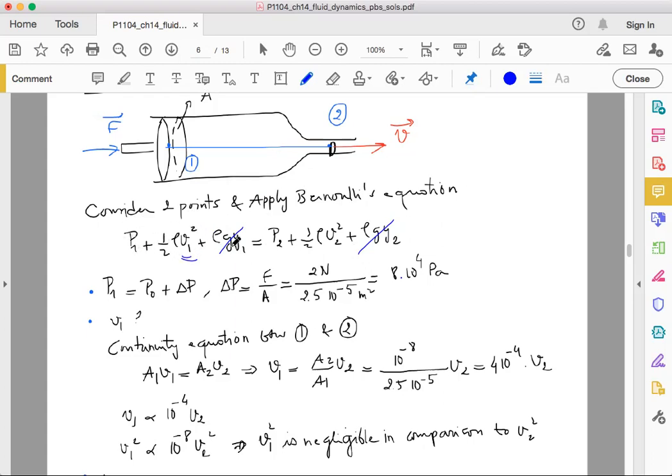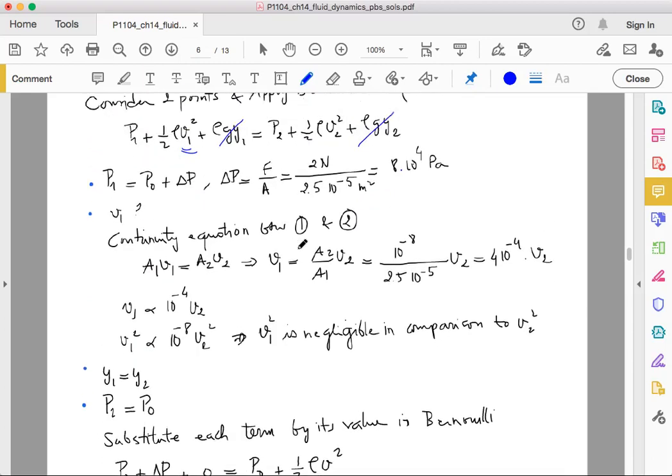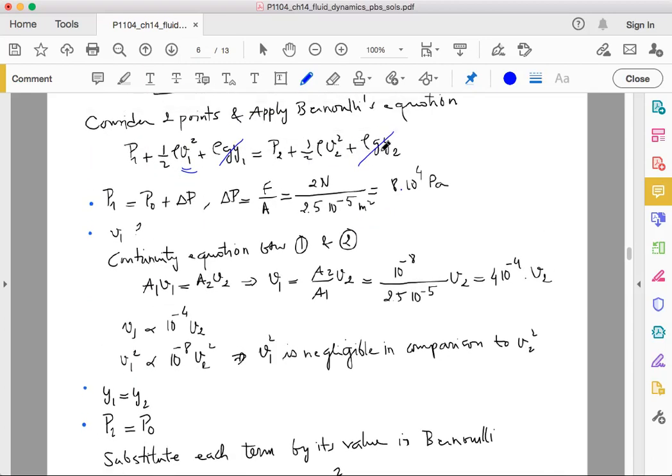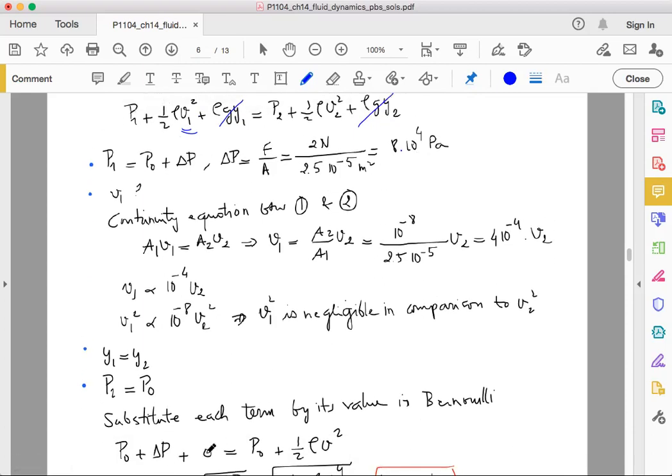We determined the value of P1, and we are left with only P2. But actually this point 2 is open to the atmosphere, so the pressure at point 2 is nothing else than the atmospheric pressure. If we substitute each term by its value, you end up with P node plus delta P plus 0 for the half rho V1 squared because it's negligible, equal to P node plus half rho times V squared, where V here is the speed of the fluid at the needle, which we wrote earlier as V2.